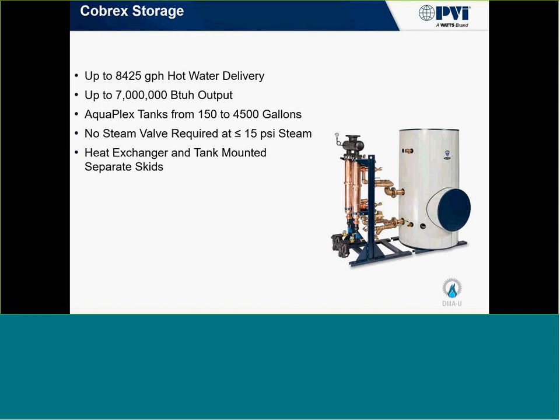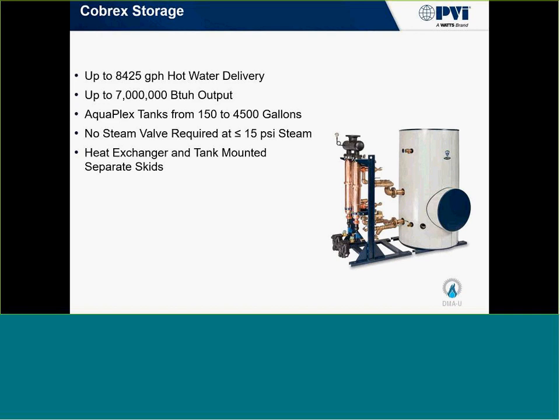That can be very cost prohibitive, and if we can incorporate a storage tank into that design to take those dump loads and look at the way that facility is using water with a little more scrutiny, we can drastically downsize our steam side requirements for that hot water system.